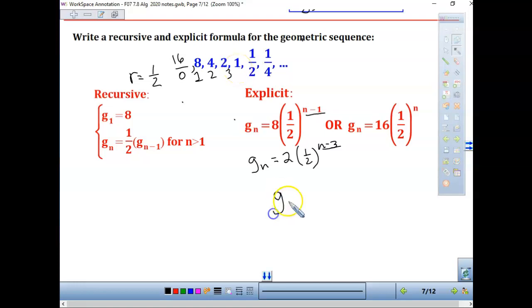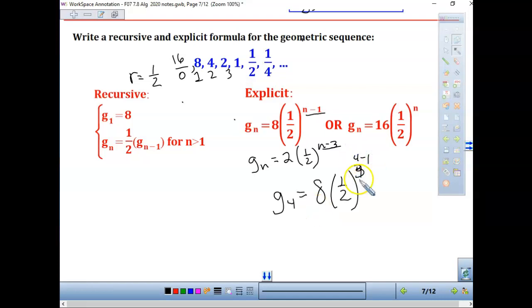So if I wanted to find G to the 4th, and I go to this equation, and I put in my calculator, 8 times 1/2 to the 4th, I should definitely get, if I am looking at this, 1, if I am looking at that. G times, not 4, it should be what up here? 3, because I was taking 4 minus 1.